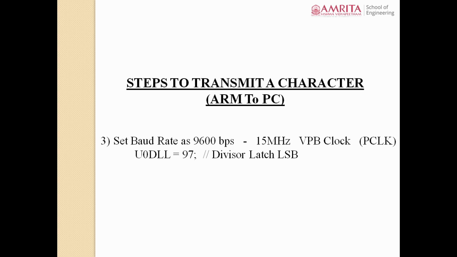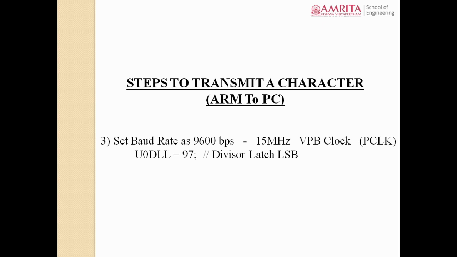So by default, the core clock will be configured as 60 megahertz, and I am using a crystal oscillator of 12 megahertz. From the 12 megahertz crystal oscillator, you are multiplying the crystal frequency by 5, and you are getting CCLK as 60 megahertz, right?